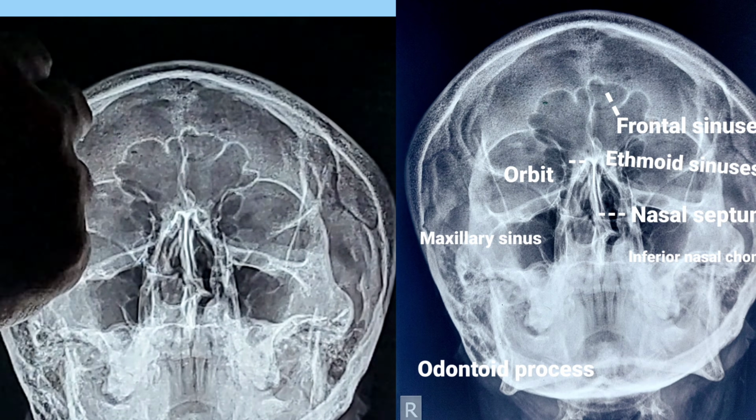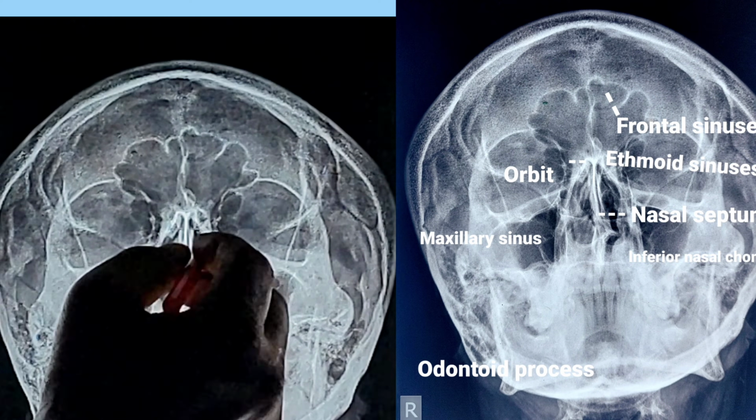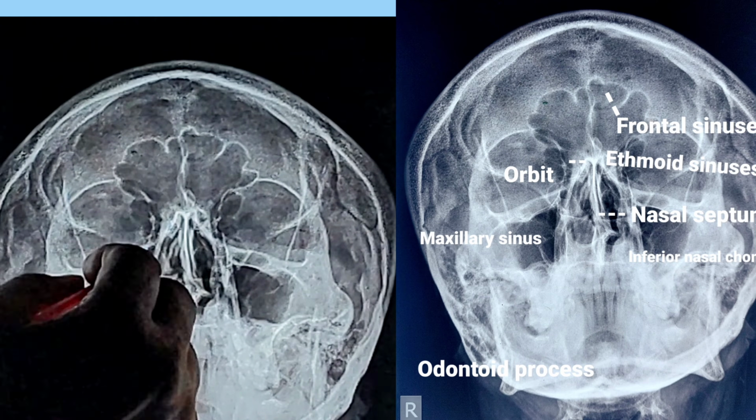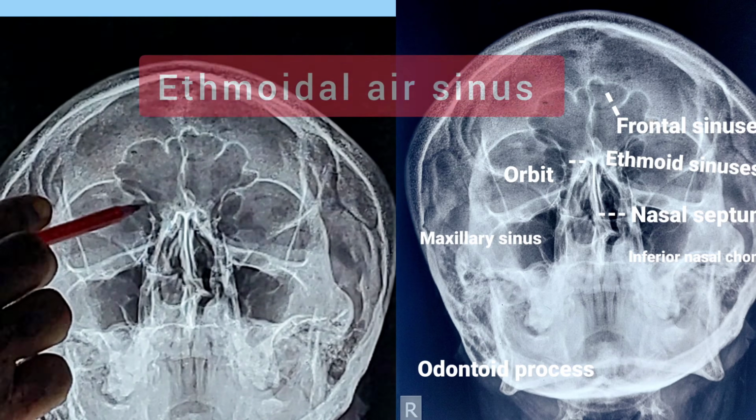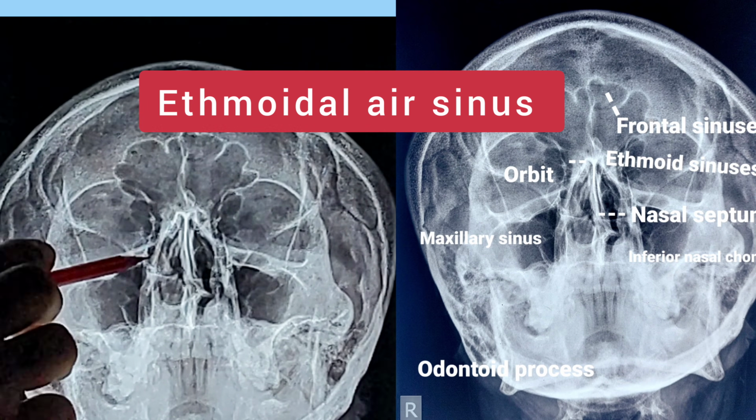And another sinus is there between the nasal cavity and the orbit, these black areas. This is called the ethmoidal air sinus. There is one ethmoidal air sinus.